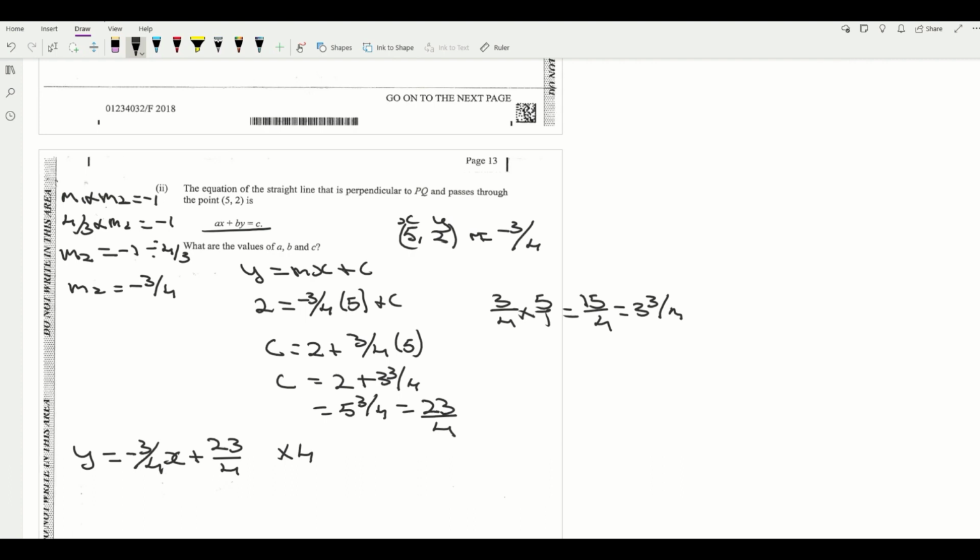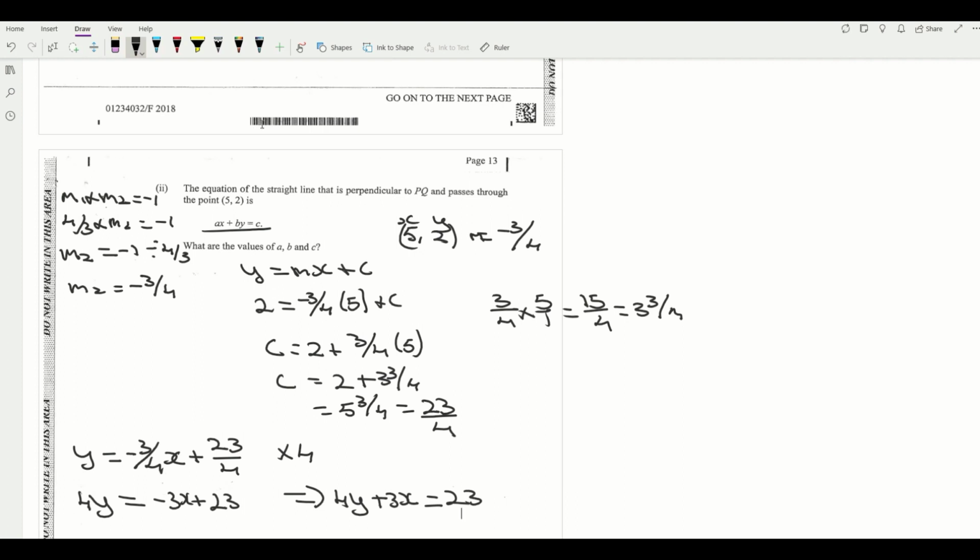So 4 by y is 4y, equal to minus 3 over 4 x by 4, which is minus 3x, and 23 over 4 multiplied by 4 is plus 23. I want the x's and y's on one side, so this implies 4y plus 3x is equal to 23.